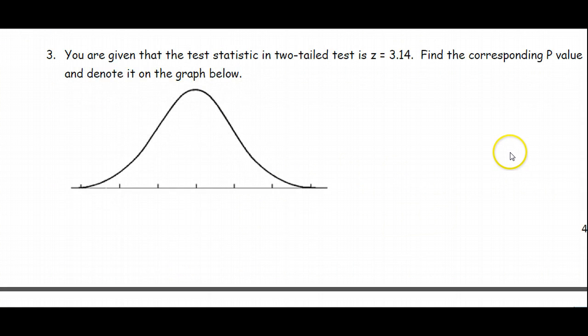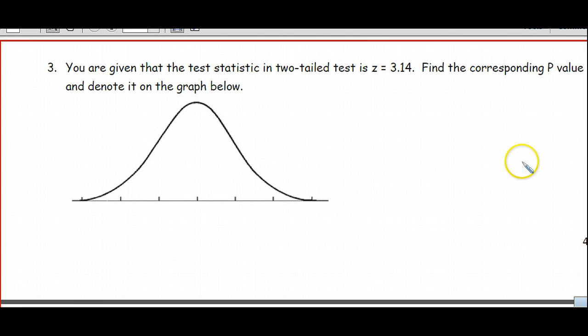Let's try another one. You're given that the test statistic in a two-tailed test is z equals 3.14. Find the corresponding p-value and denote it on the graph below. Since this is a two-tailed test, it's going to be going 2 places, left and right. The positive 3.14 is going to be over here.